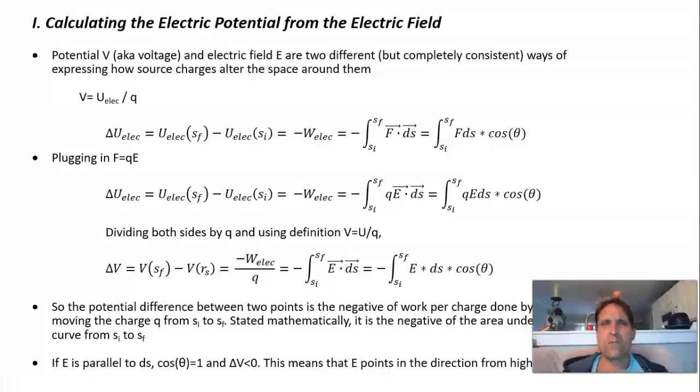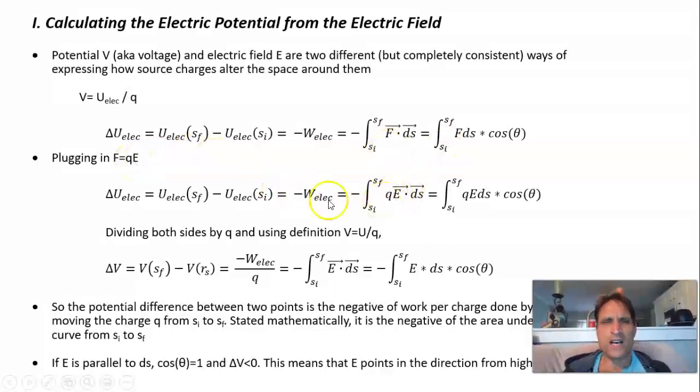So now if we plug in what the equation is for the electric force, it's the electric field, E, times the charge, Q, so we plug that in for force, and we get that the change in the electric potential energy is the negative of the electric force, QE, dotted into ds, or in other words, the force QE times the displacement ds times the cosine of the angle between the force and the displacement.